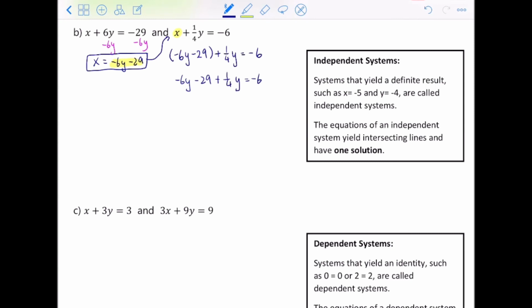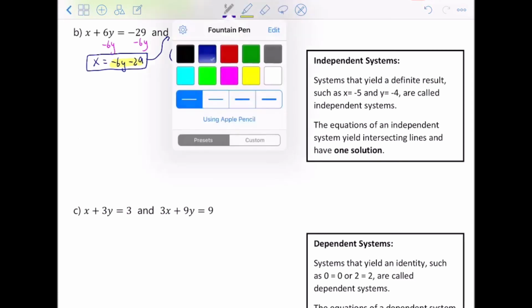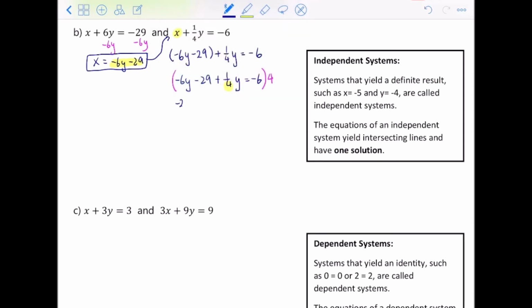But if you're not familiar with adding numbers, like a whole number with a fraction, I would strongly suggest you multiply the entire equation by the denominator of the coefficient, 4. If you do that, you get negative 24y minus 29 times 4 is 116 plus y equals negative 24.